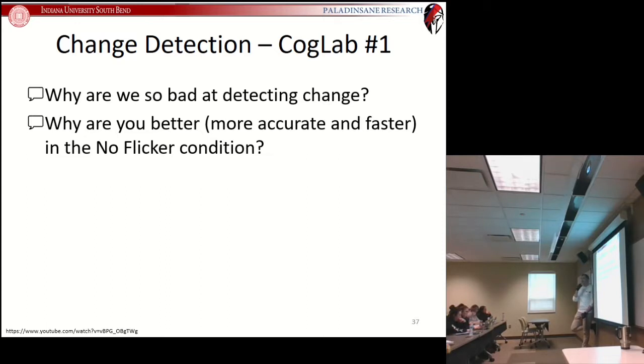Exactly. So that is one of the best theories about why we're so good in the no flicker condition. It is triggering our movement processors. When you think about movement, most of the time, especially when it grabs your attention, it is just the presence of something and then the absence of that same thing.